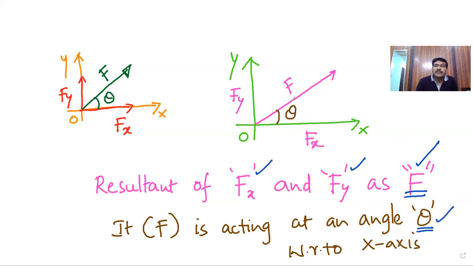The F vector having a magnitude F is acting at a direction of theta with respect to the x-axis. That means if this is a vector, then the resultant will also be a vector. And that vector is having a magnitude of F acting in direction theta with respect to x-axis. Is it clear? Okay.